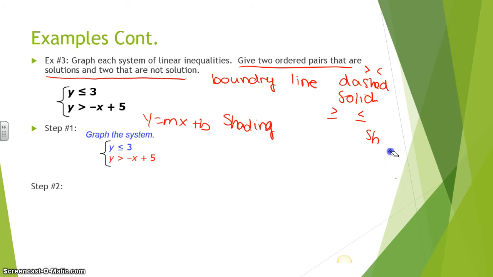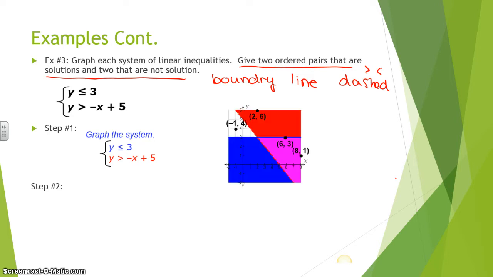You should have written these notes down in your notebook, but I'm erasing them so that I have room to graph this so you can see. The first linear inequality is y is less than or equal to 3. So here's my graph. I don't have a b here or an x.